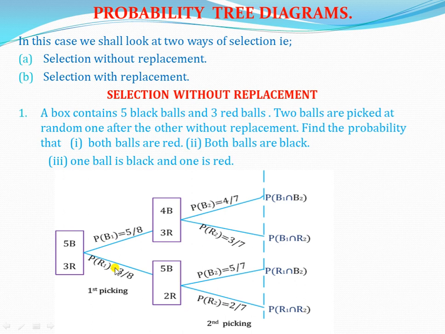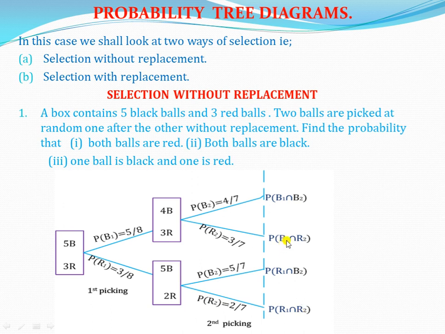When I pass through this R1 and B2, I will have probability of R1 intersection B2. And the same thing happens when I pass through this and this, which gives me R1 and R2. So B1 intersection B2 means only black balls, all the 2. In this case, R1 intersection R2 means there are 2 red balls.